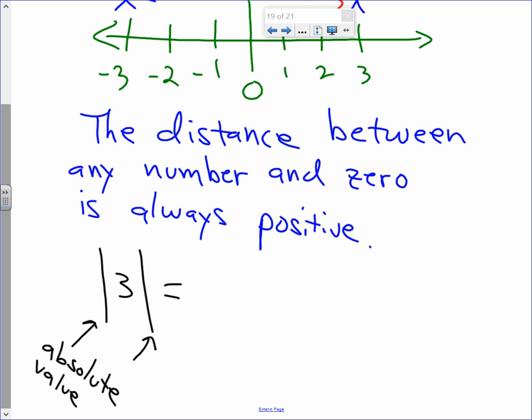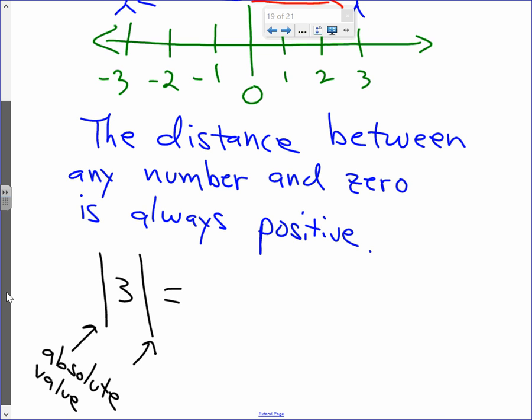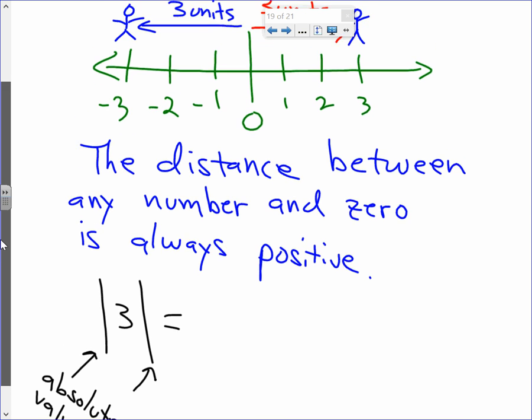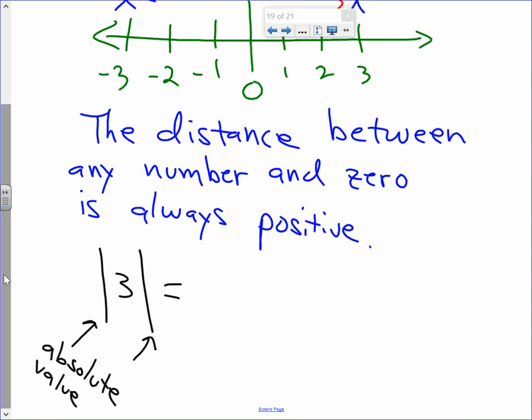You've seen them before, maybe in middle school? How far is 3 away from 0? That's what this is really saying. If you see those absolute value bars, that means how far is 3 away from 0? Well, it's just going to be 3, because distance is always positive.